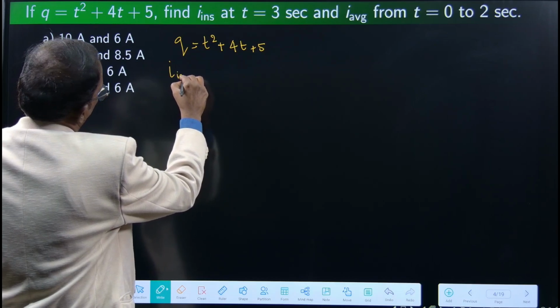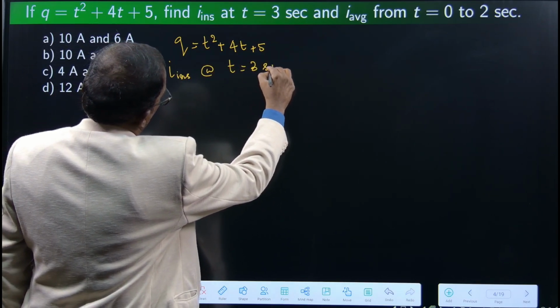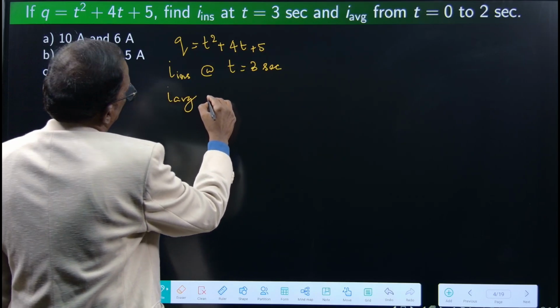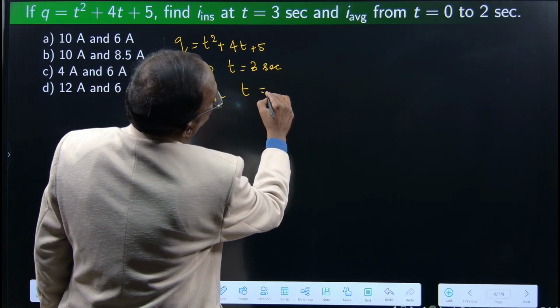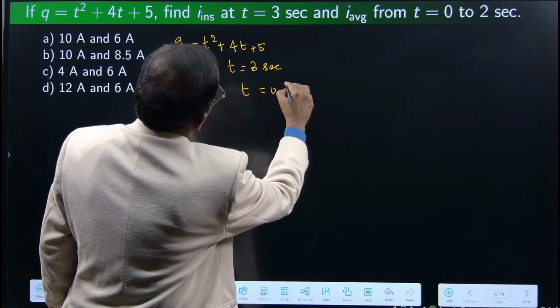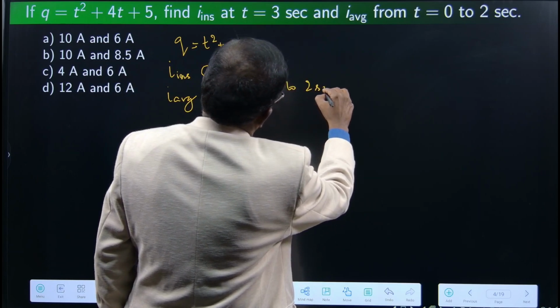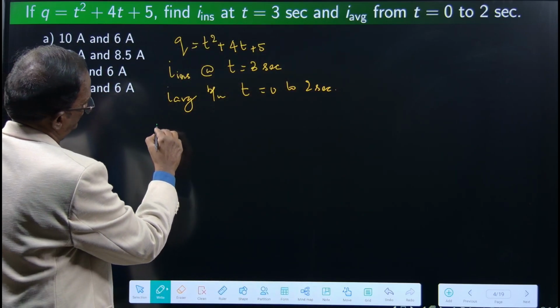I instantaneous at T is equal to 3 seconds, and I average between T 0 to 2 seconds. First, I instantaneous we will find.